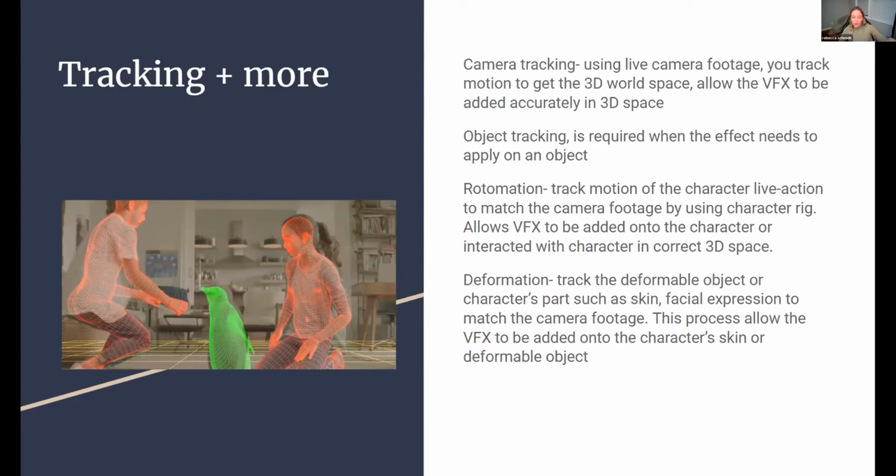Maybe you need to track fire, or add more fire. There's a lot of tracking in live action VFX, and it's really important to get these accurate or else it's going to look really out of place in the scene. For this picture, they tracked the full bodies of these people so that they could have the people interact with this penguin.